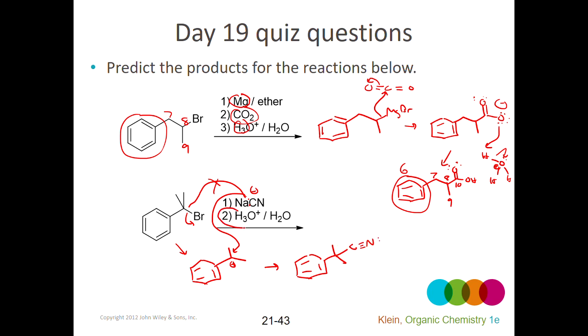And then these conditions, we'll talk about the mechanism for this later, so don't worry about it right now, would hydrolyze the CN. So this carbon here would become a carboxylic acid carbon. And that would also, again, increase the number of carbons by 1 from what we had initially.